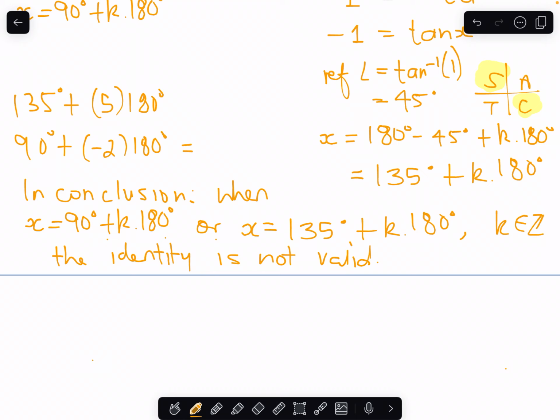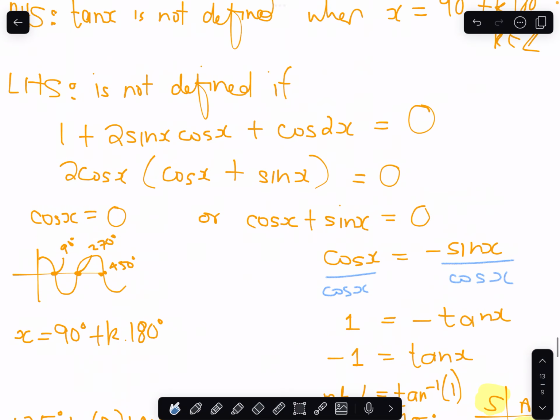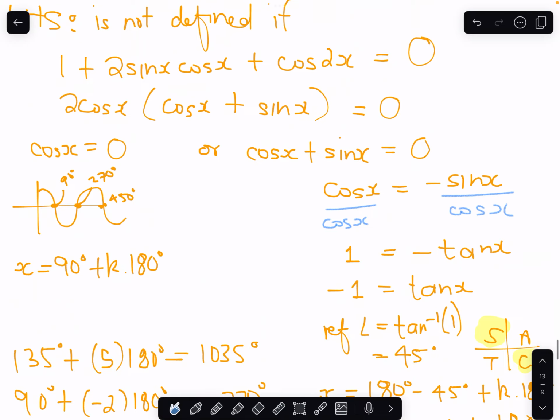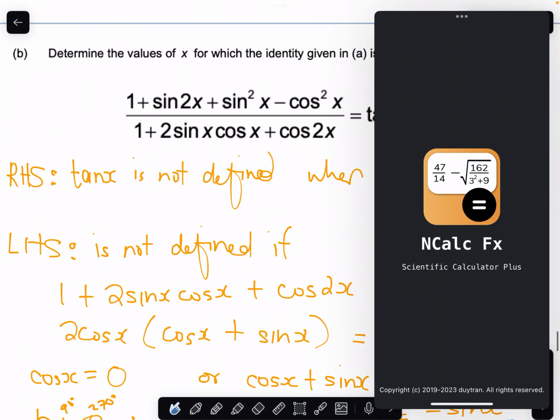So this is 90 minus 360, which is minus 270, and this is 135 plus 900, which is 1035, I think. Okay, so if we put these values into this identity, we should get an error. So let's see. Let's start with negative 270.